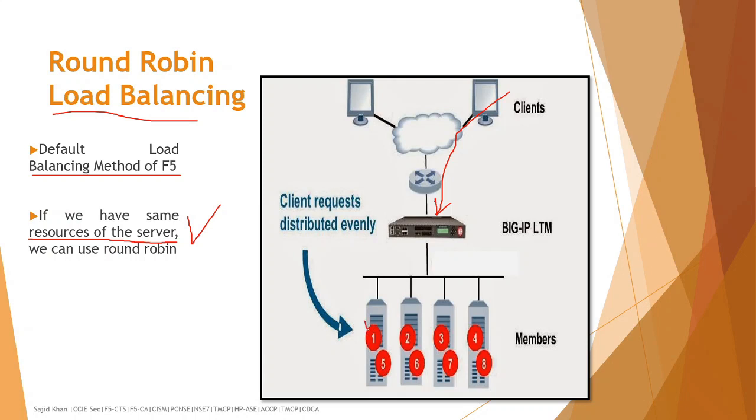The first request came to server 1, second request came to server 2, third request came to server 3, and the fourth request came to server 4. Similarly, when the fifth request came, it again came to server 1. So this is called round robin load balancing method.